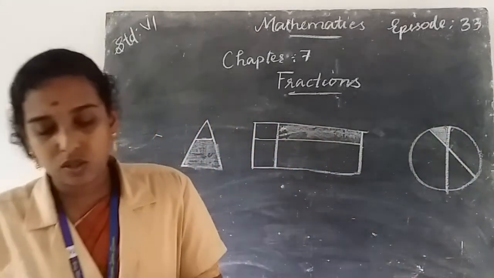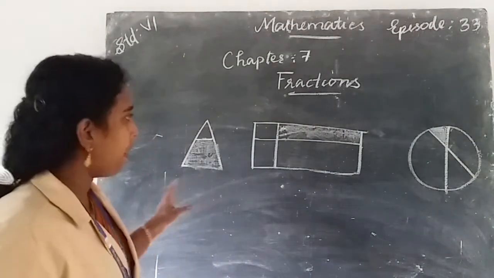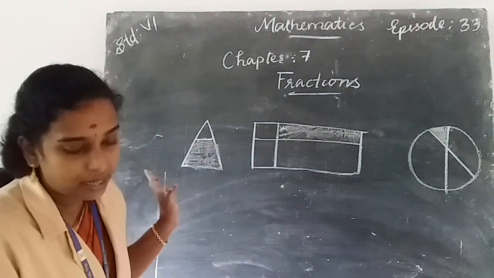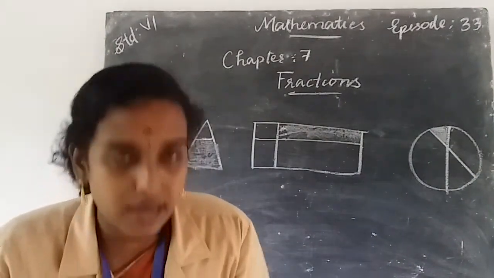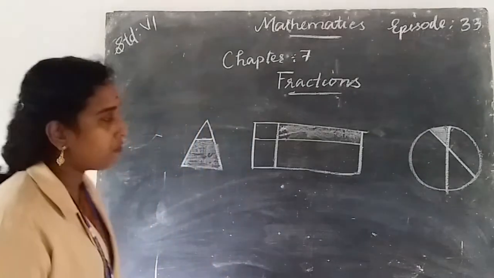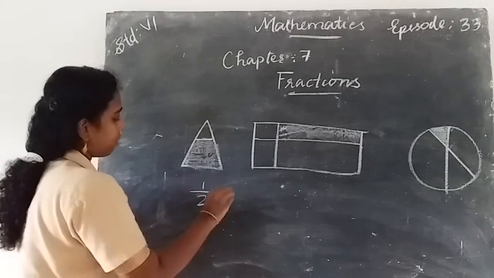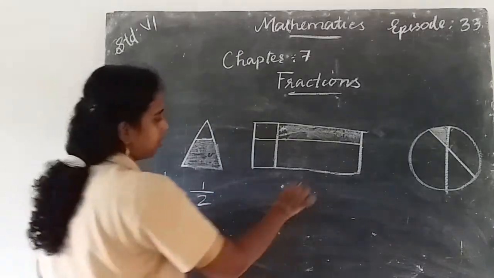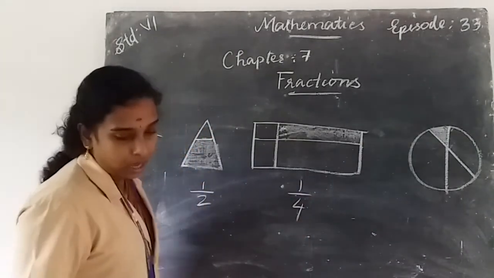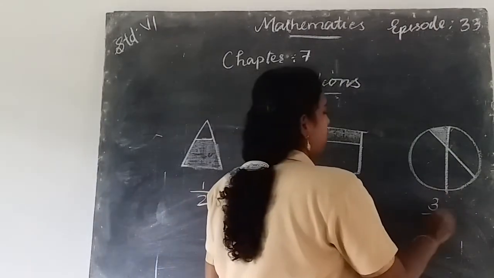So look at the picture and find the error. So here we can see that the shaded portion does not represent the given fraction. Here the fractions are given in your textbook, and the first fraction is 1 by 2, and here this figure is 1 by 4, and here this is 3 by 4.